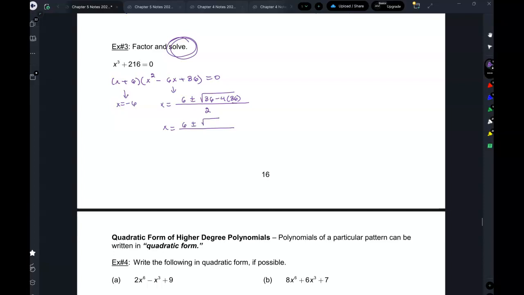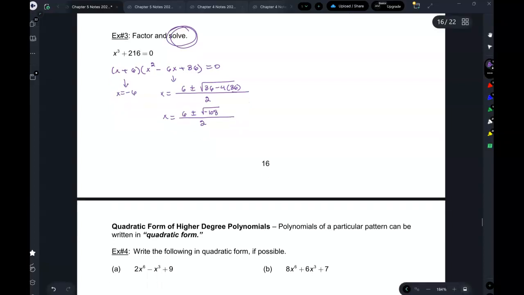The square root of negative 108. Fabulous. Over 2. Okay, guys, come on. So 108. 108 is 2 and 54, right? Which is 2 and 27, which is what? 3 and 9, 3 and 3.